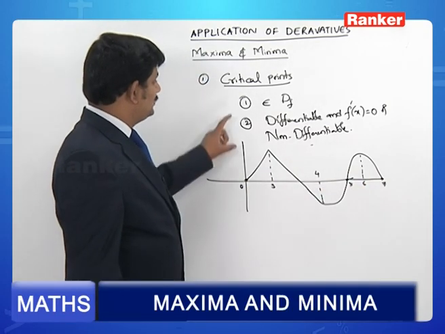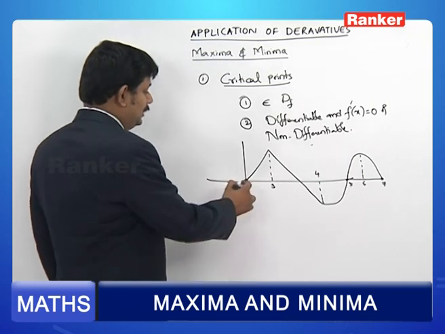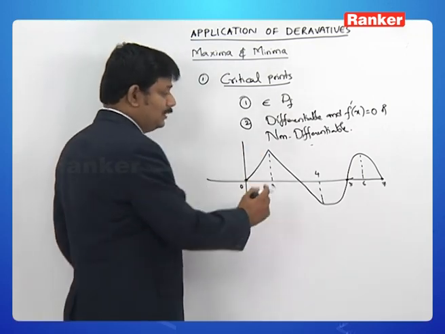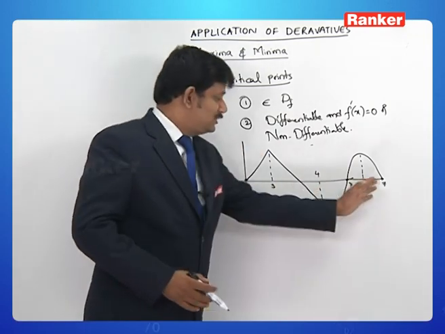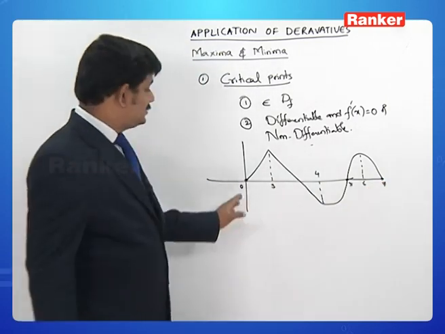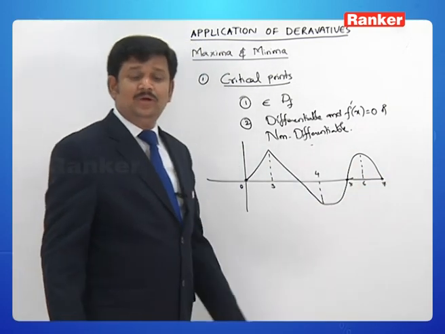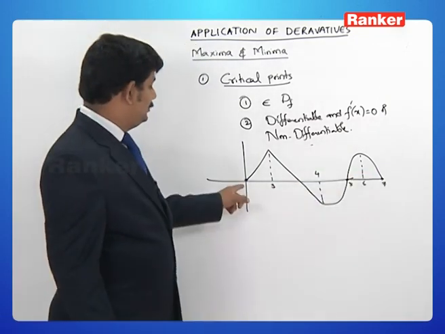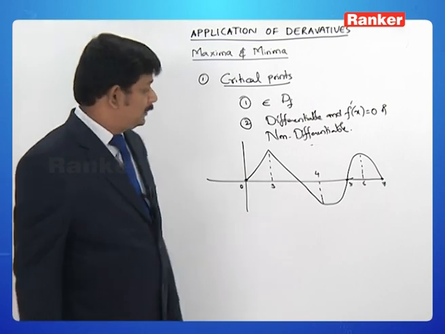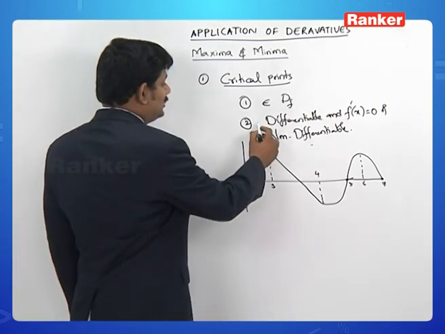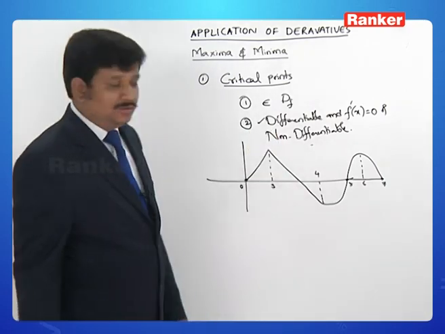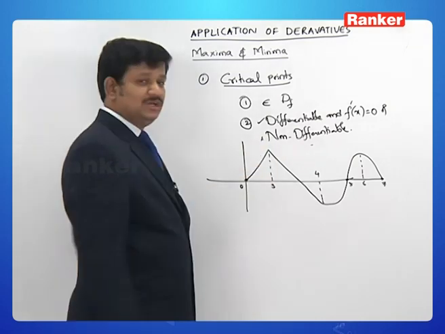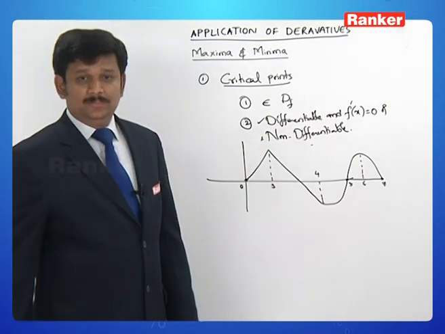Now, critical points on this function are the points which belong to the domain. Each and every point from 0 to 7 is part of the domain of the function. We can see the graph stretching over the entire range of 0 to 7. Now, among these points, those where either the derivative is 0 or the function is non-differentiable, we call critical points.